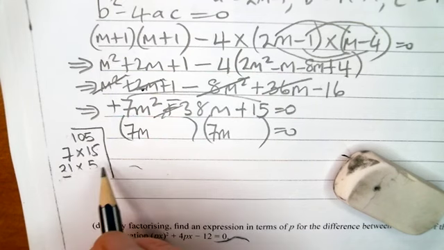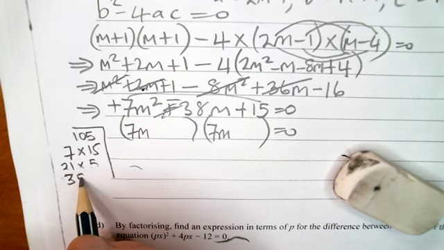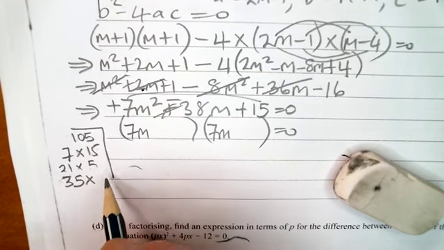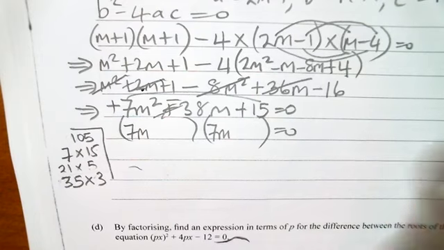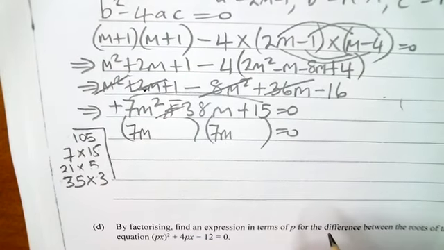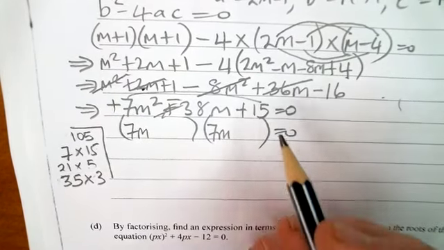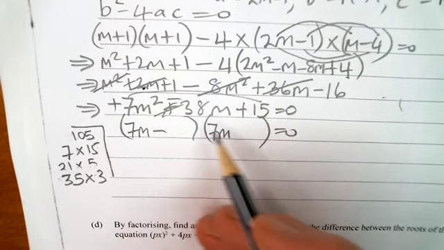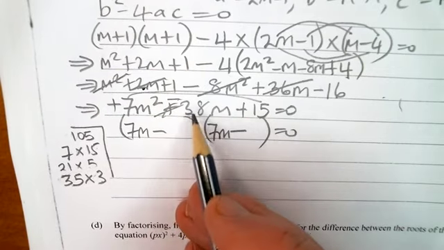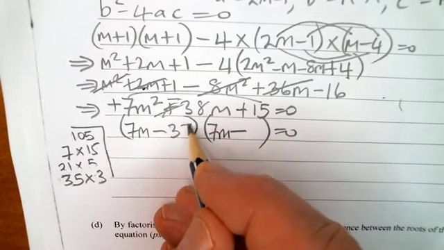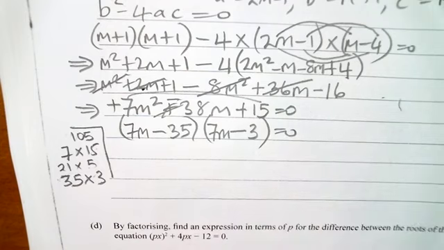What about 7 times 5 is 35, and 3? 35 and 3 would be factors of 105. How does that work for us? Well, yes, that works well. The signs are the same. They're both negative, and 35 and 3 does make 38.